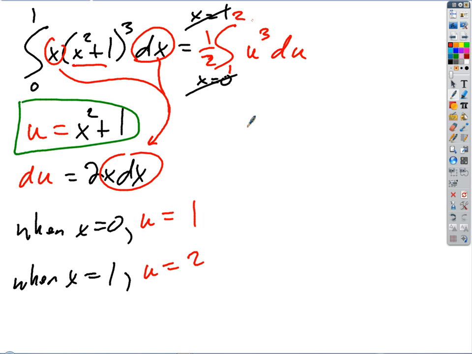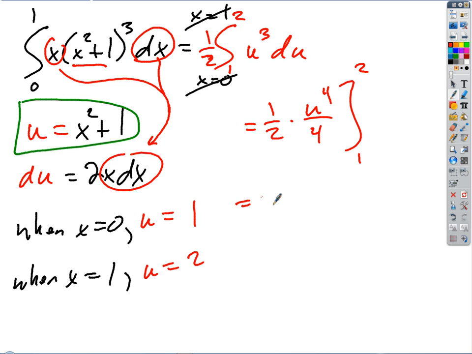So our answer then just looks like we've got a 1/2. The integral of u cubed is u to the 4th over 4. Okay. And we're just going to evaluate this from 1 to 2, right?